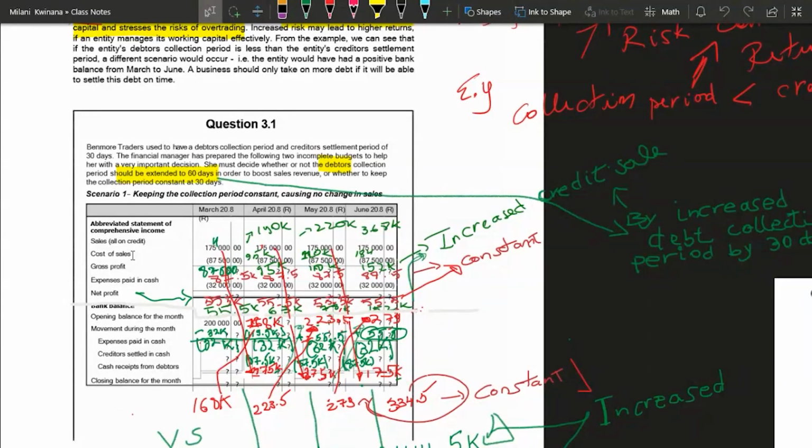It's not just about this example, I'm giving you the general principle. Sometimes you could get a question that tells you only 60% is on credit, so work with that 60%. But the collection period is something very simple. They are just planning either to extend it or to keep it constant. That's all. So let's go to the scenario.